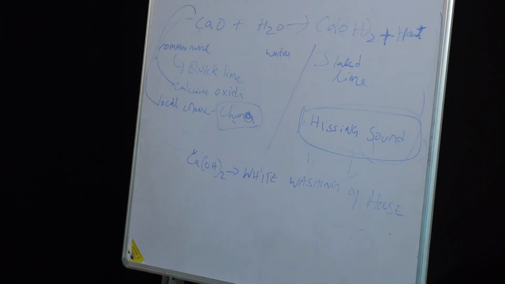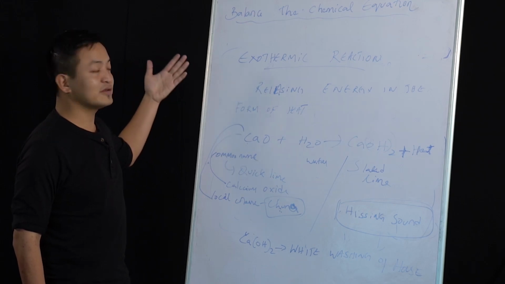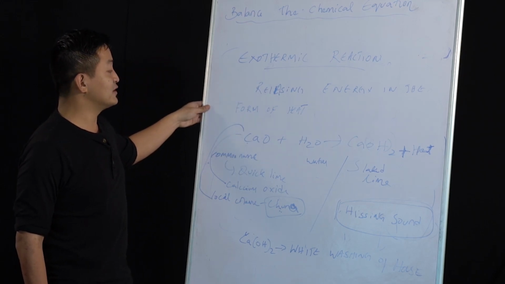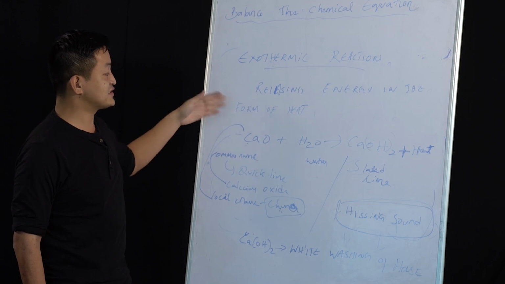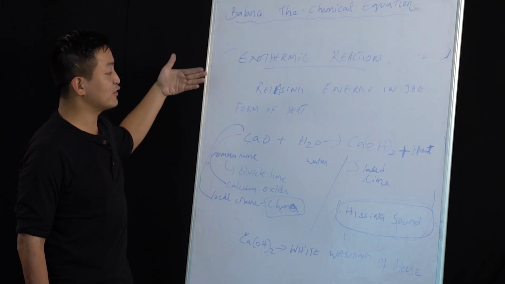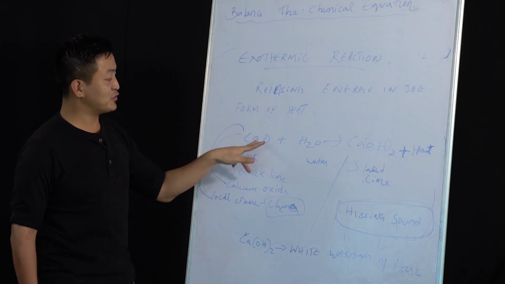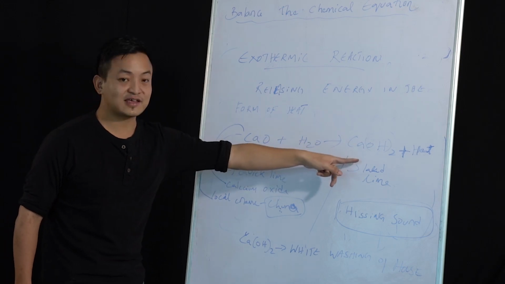So from here you can write many questions. Write the chemical reaction: this is an example of exothermic reaction, and this can also be an example of combination reaction because we are combining two things to give this slaked lime.